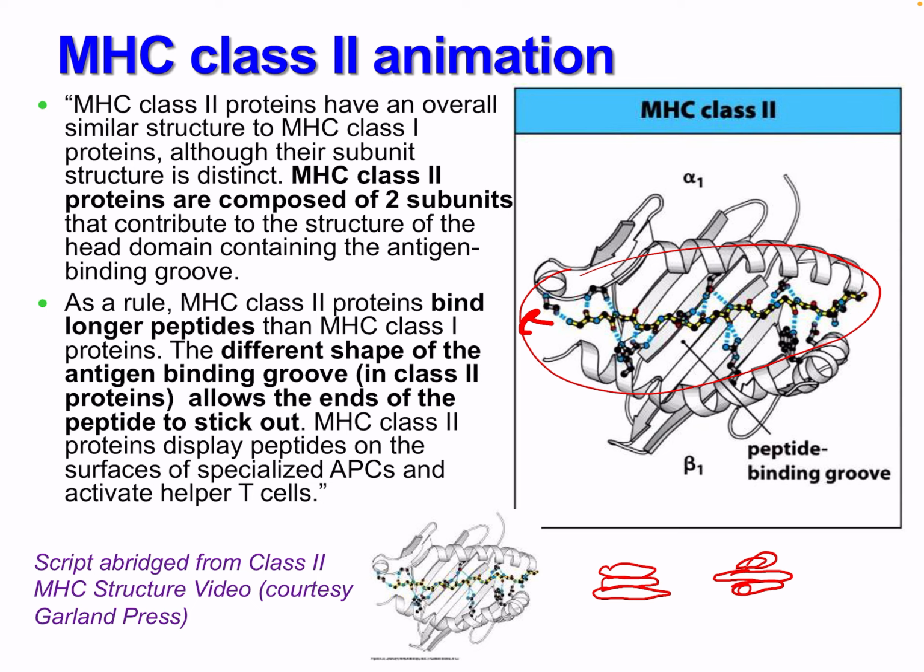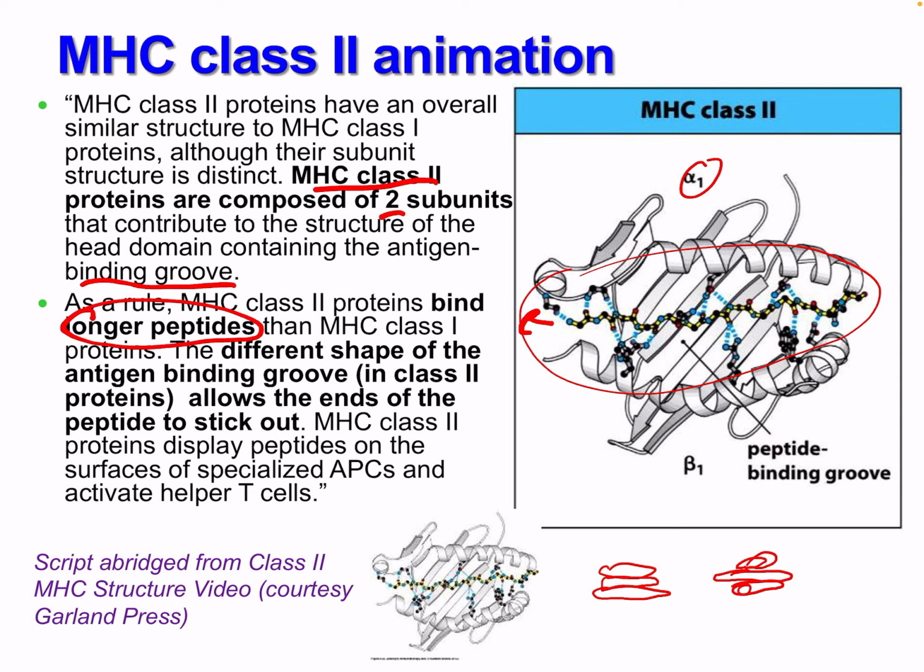So MHC class 2 proteins have an overall similar structure to MHC class 1 proteins, as we talked about with the alpha helices and the beta pleated sheets. Although their subunit structure is distinct, the MHC class 2 proteins are comprised of 2 subunits that contribute to the structure of the head domain containing the antigen binding groove. As a rule, MHC class 2 proteins bind longer peptides, as we said, than the MHC class 1 proteins.